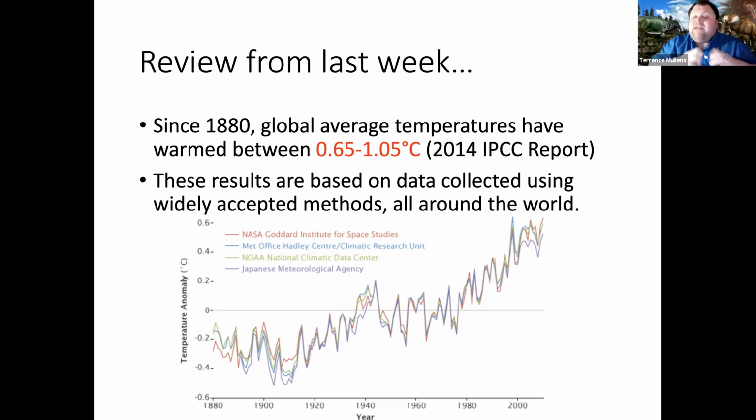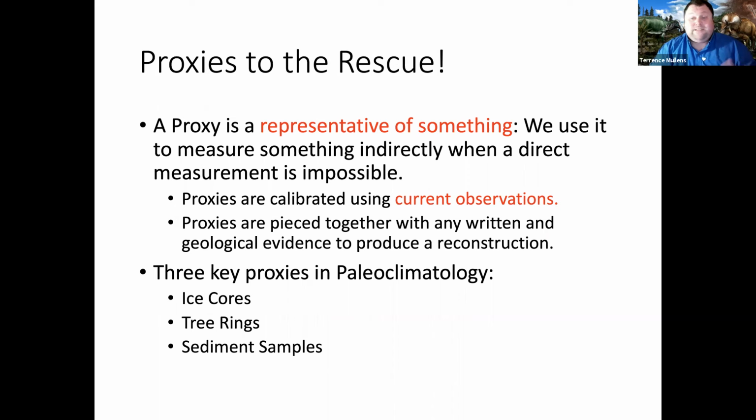So a proxy is a representative of something. It's basically something that speaks for something else. Let me give an example. I am a big beer club person. One of my favorite beer clubs is called Modern Times. There are some times where, in order for me to pick up the stuff that I've ordered, I don't necessarily have the opportunity, the time, or anything to actually go pick it up.